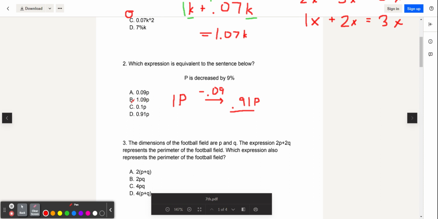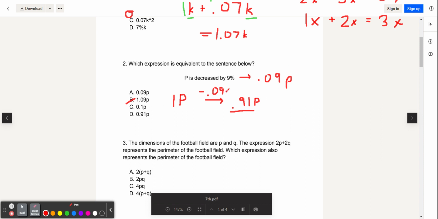1.09P, which is answer choice B, is bigger than our original 1P, so that is incorrect because it was decreased. The other ones are all smaller. Now, A and C are way too small. What happened with A is that they just saw 9%, thought, oh, 9% is 0.09, which it is, and then stuck the P in front. That's not true.